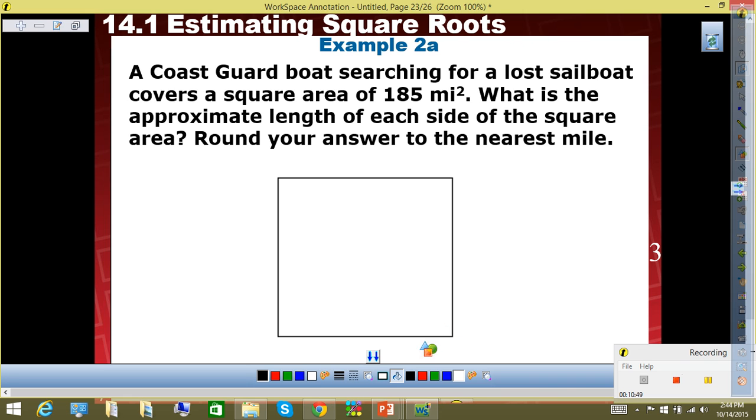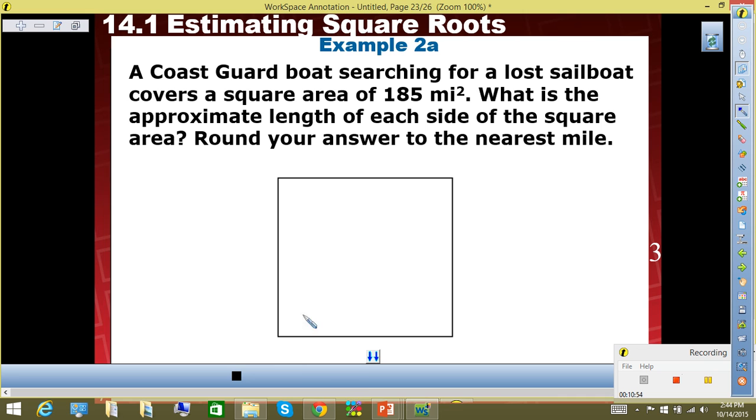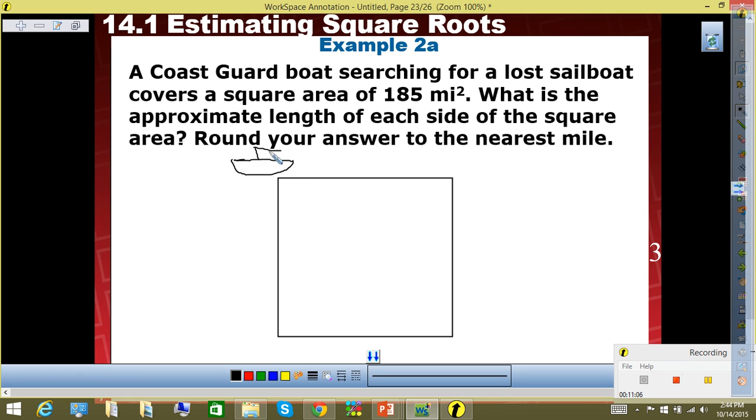And the Coast Guard boat, I'm going to draw the boat over here. There it is. Be nice. Should have been an arts teacher, huh? Be nice.